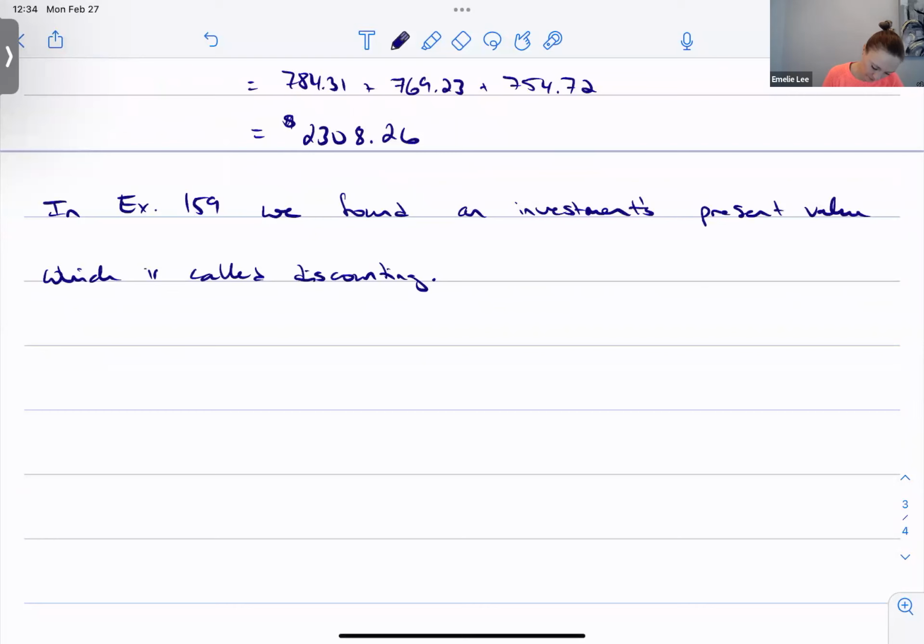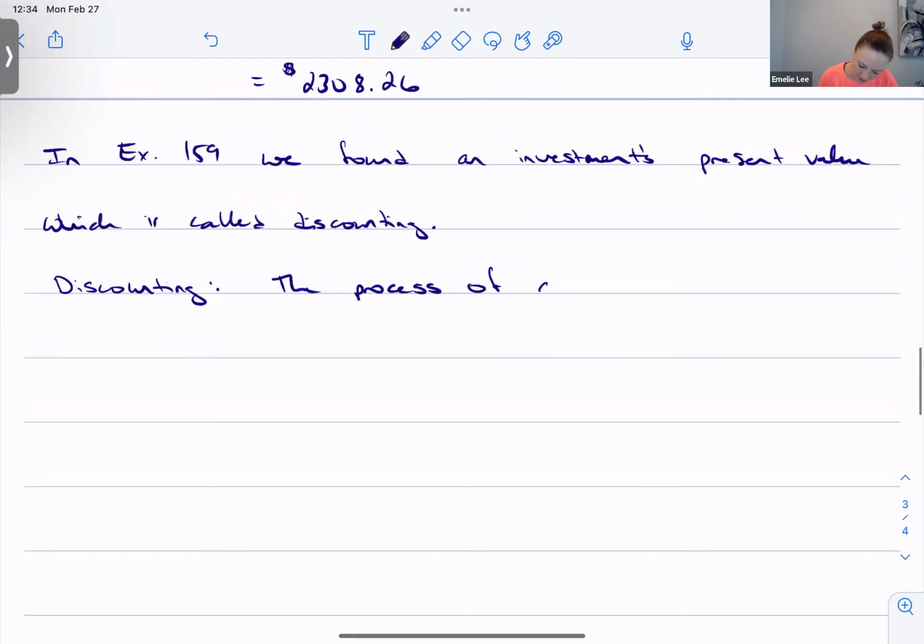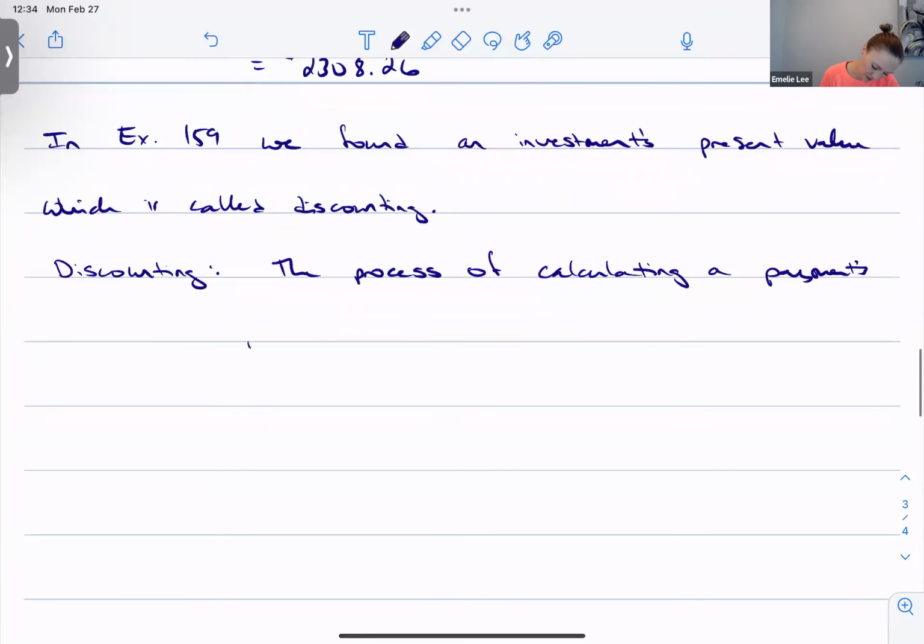Let me just define it properly here. So discounting is the process of calculating a payment's present value.